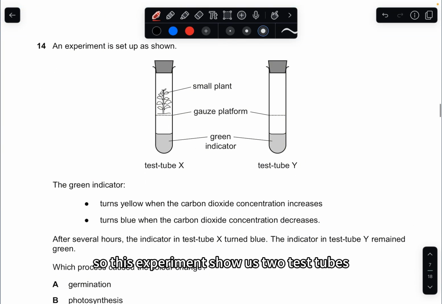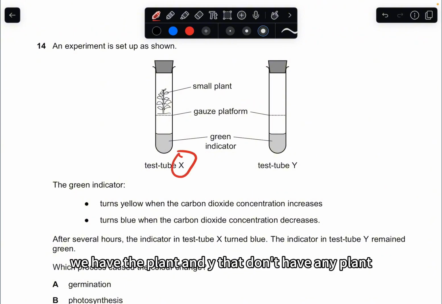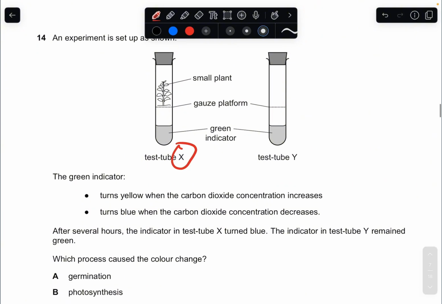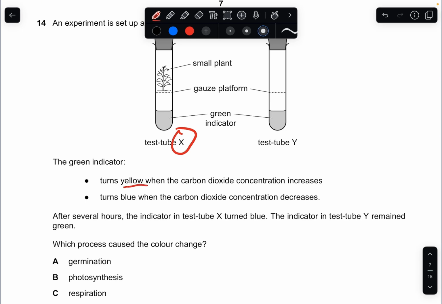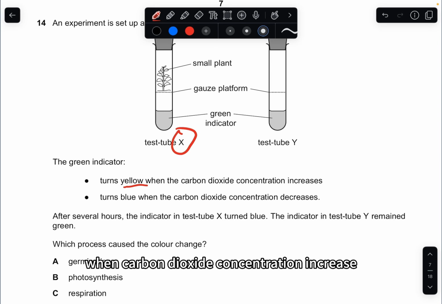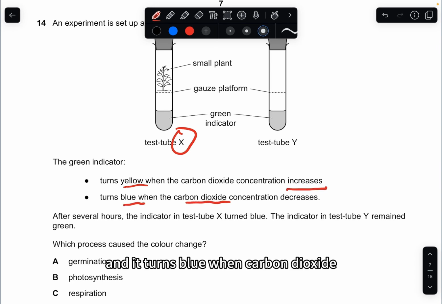So this experiment shows us two test tubes. In test tube X we have the plant, and in Y they don't have any plant, and it tells us that the indicator turns yellow when carbon dioxide concentration increases, and it turns blue when carbon dioxide concentration decreases.